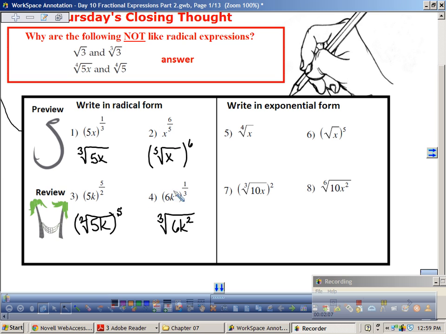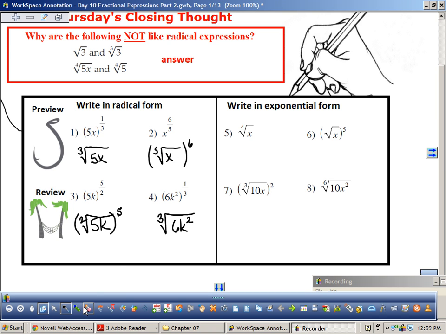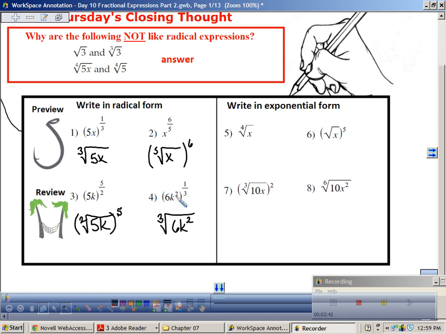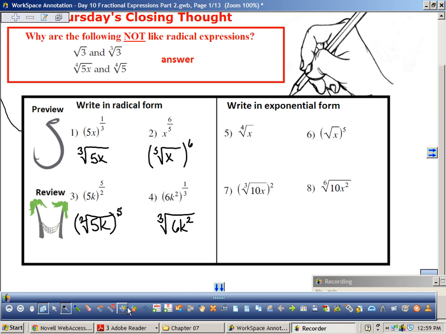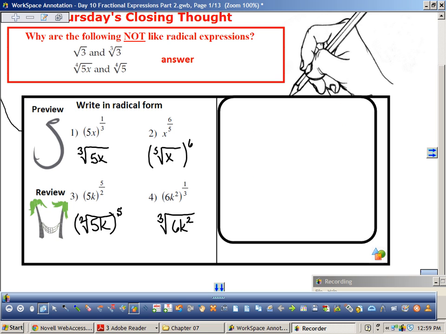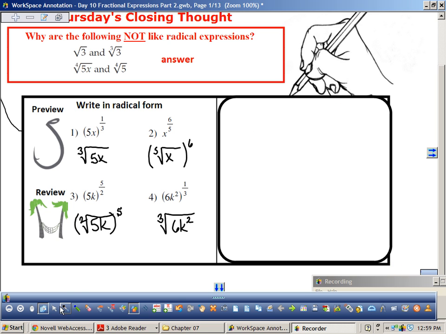All right, questions on this so far? We did a little bit of this yesterday. Sam? What happens if it's not in parentheses? Good question. Okay, so if this wasn't in parentheses, like number 4, 6k squared to the 1/3. Let's give ourselves a little bit of space here.